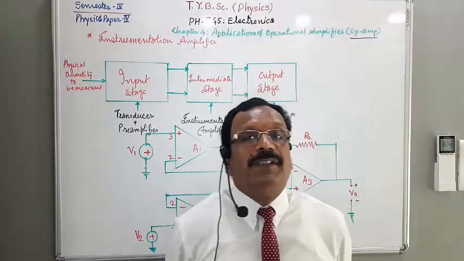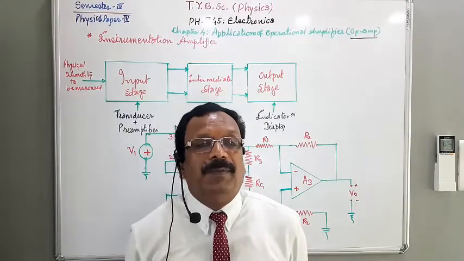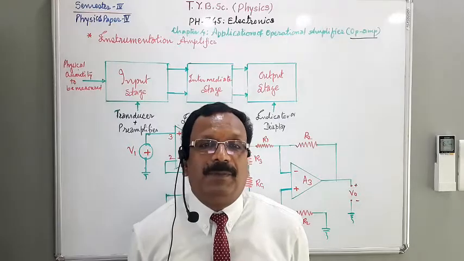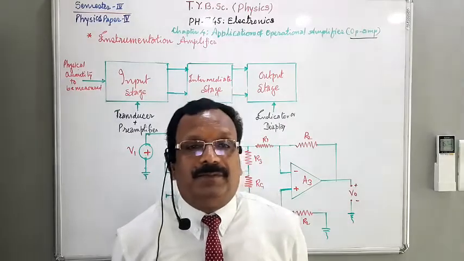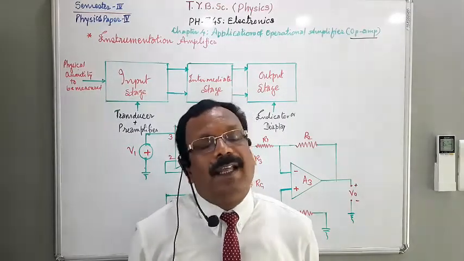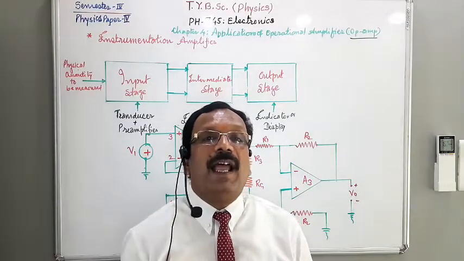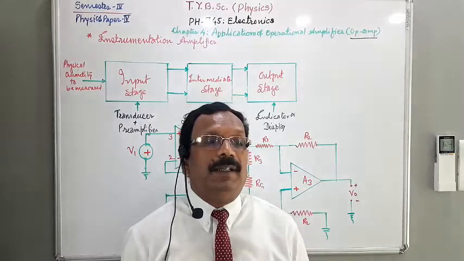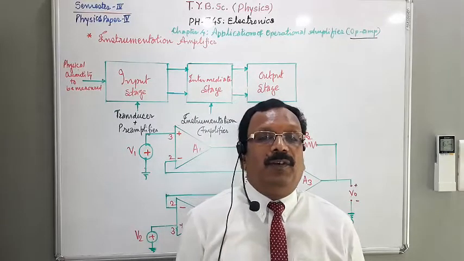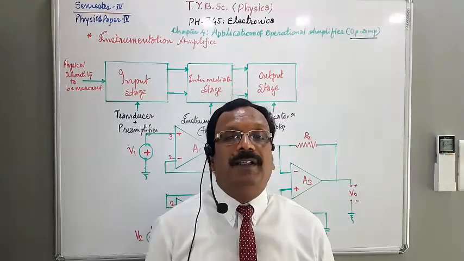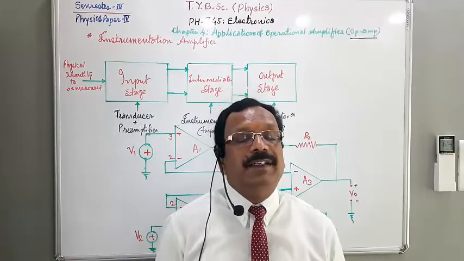Now the question arises that though we know the use of an instrumentation amplifier, what is its actual definition? How is it defined? An amplifier which is a high gain DC coupled differential amplifier with single ended output, high input impedance and high common mode rejection ratio is called an instrumentation amplifier.